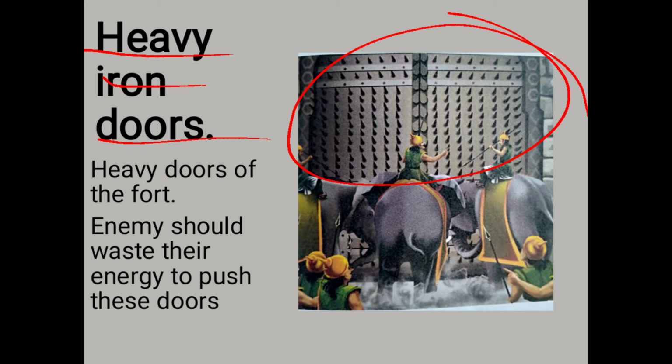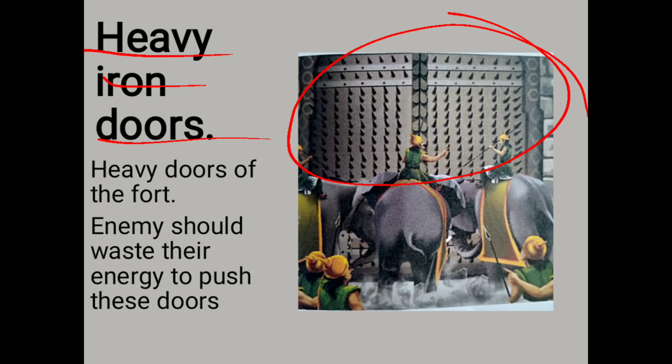If the enemy people want to open this, they have to pull it to open. Fine. So if they want to pull, they need energy, isn't it? So they have to use all their energy to pull it open. So they have made this door to stop the enemy people from entering the fort.